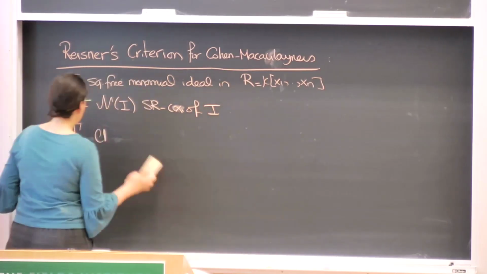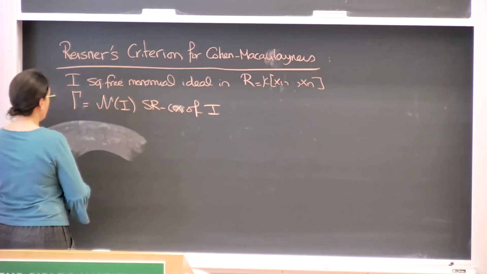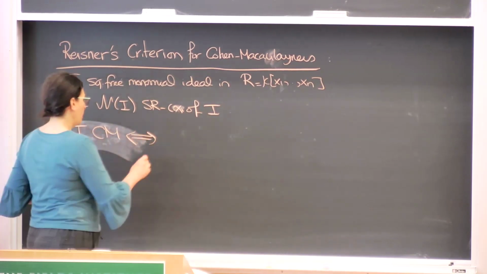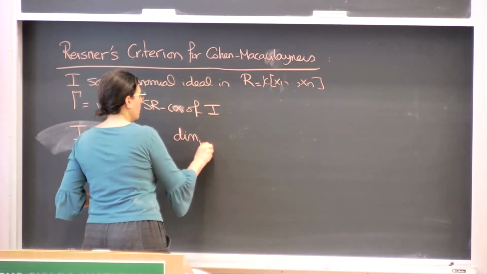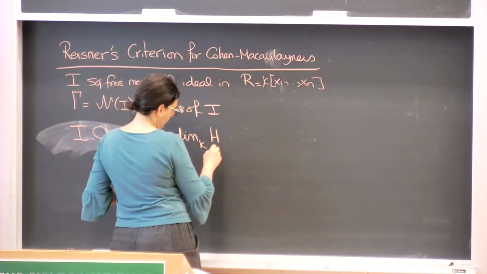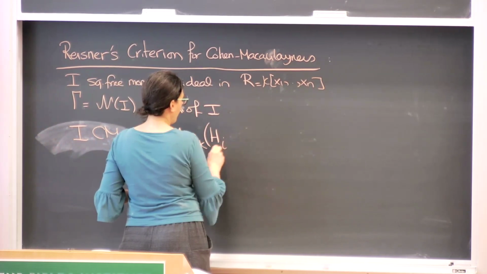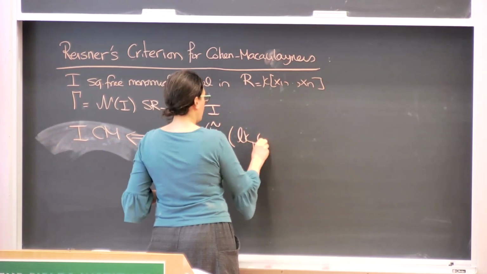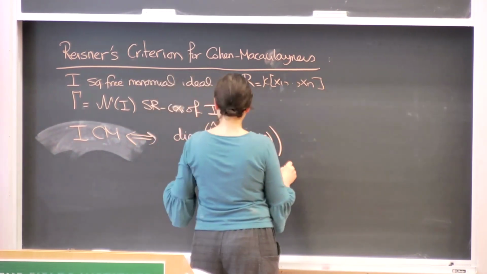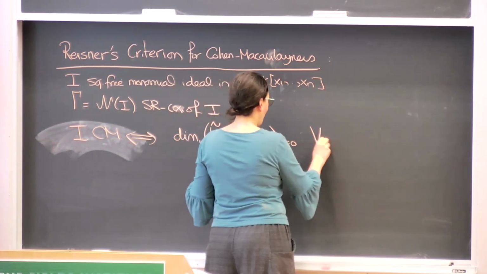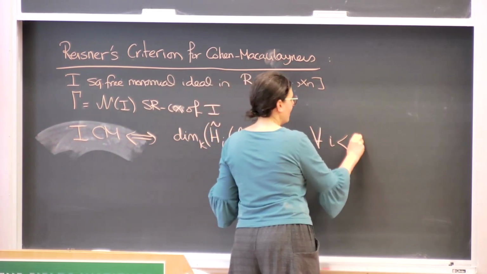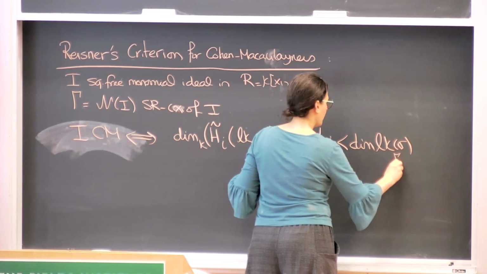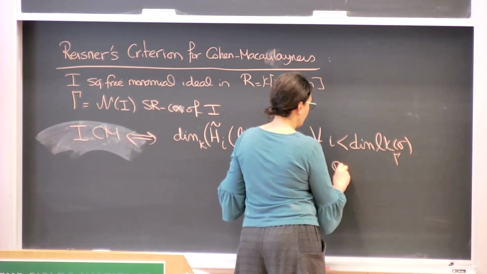Actually, I is Cohen-Macaulay; combinatorialists say gamma is Cohen-Macaulay, but for us in algebra, I is Cohen-Macaulay, if and only if the K-dimension of H_i of link gamma sigma is 0 for all i less than the dimension of the link and for all sigma in gamma.